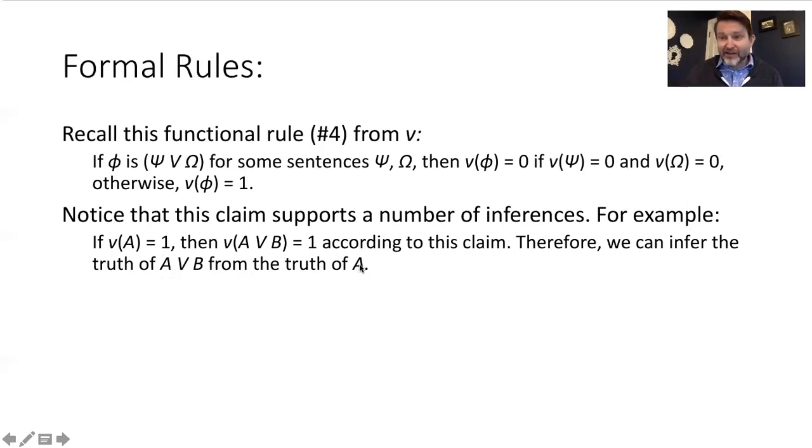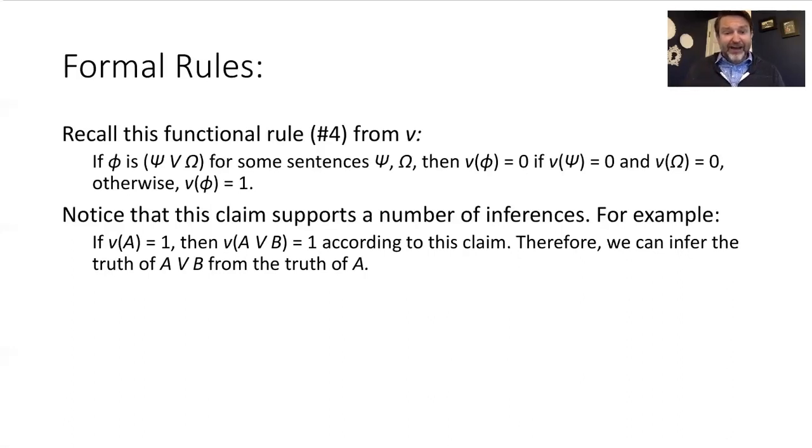So if you give me the atomic sentence A, I can say, well, I know that A or B is true, regardless of the meaning of A or B. It doesn't matter. So I can infer something true from a true atomic sentence.